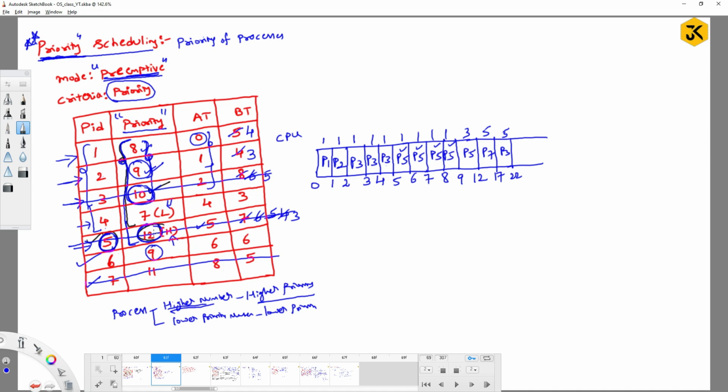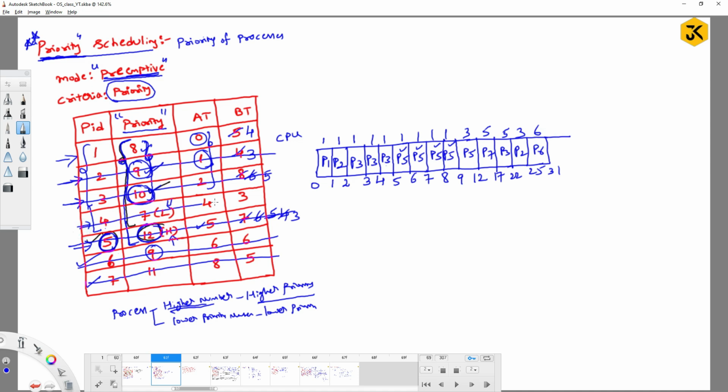Which will get the chance? The process which has the earlier arrival time will be given the chance, because when priorities are the same, you go with the arrival times. So P2 gets the chance, allocated 3 units, done by 25. Next, P6 got the chance and will execute for 6 units of time, done by 31.